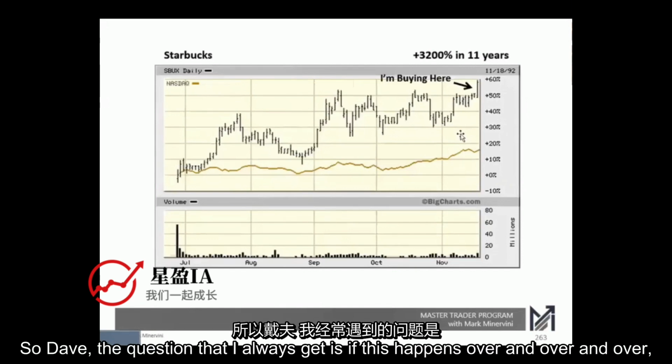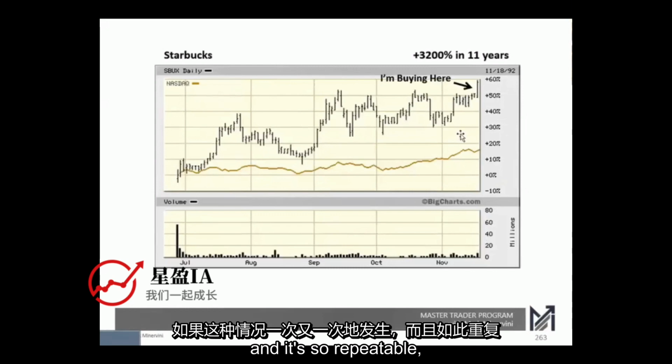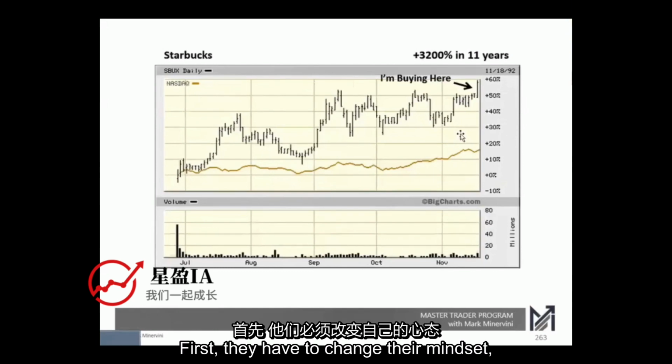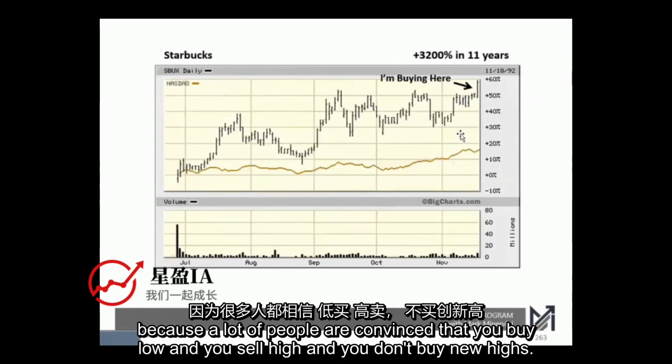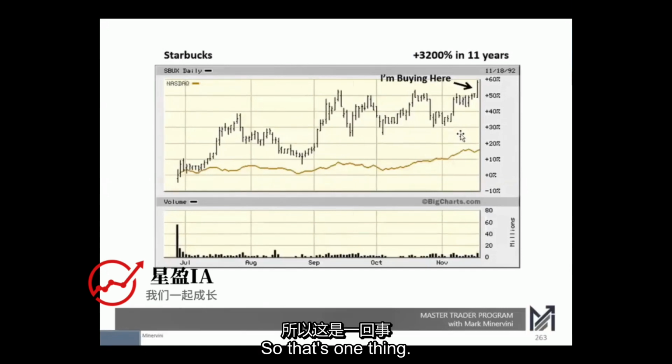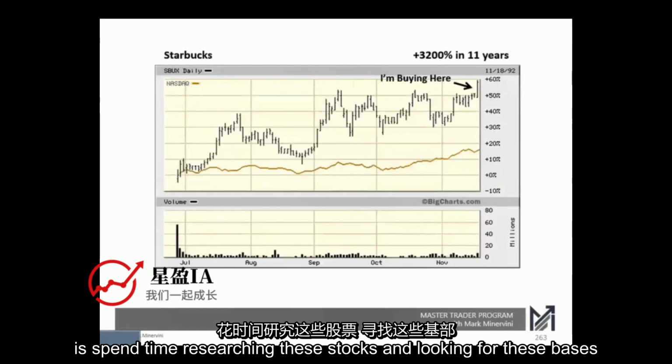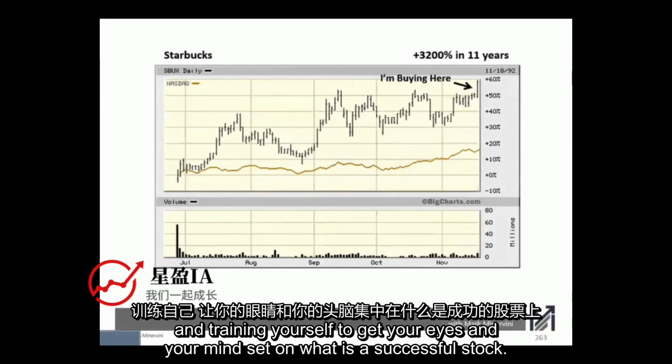So, Dave, the question that I always get is, if this happens over and over and over, and it's so repeatable, why isn't everybody doing this and making a fortune? Well, first they have to change their mindset, because a lot of people are convinced that you buy low and you sell high, and you don't buy new highs. So that's one thing, and then it requires work, and it requires doing things that most people don't want to do, which is spend time researching these stocks and looking for these bases and training yourself to get your eyes and your mind set on what is a successful stock.